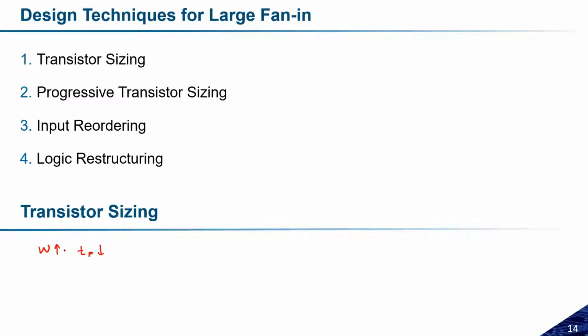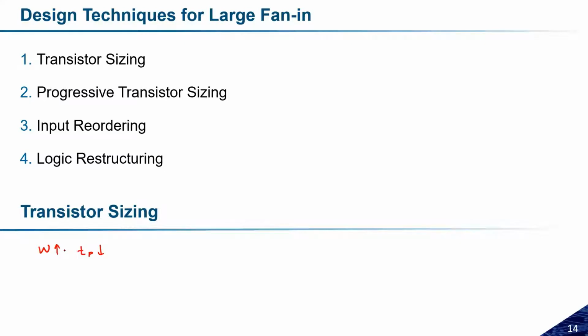Even though I'm trying to reduce the propagation delay by increasing the width, the increase in the parasitic capacitances will further lead to an increase in the propagation delay. So this will not reduce the delay, but it will maintain the same delay even though I have increased the width of the transistors. And this effect is known as the self-loading effect.